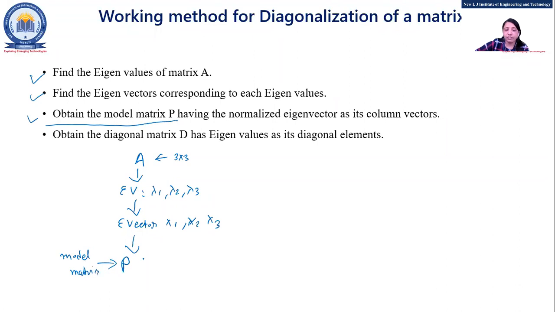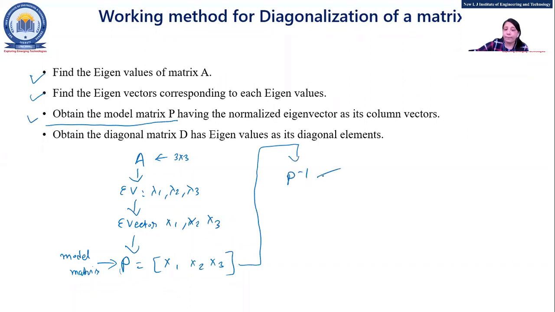That is using P equal to x1, x2, and x3. Whatever eigenvectors you have, you use them to make one matrix, that is P. It is called a modal matrix. Clear? So the next step is, after finding P, you have to find P inverse.